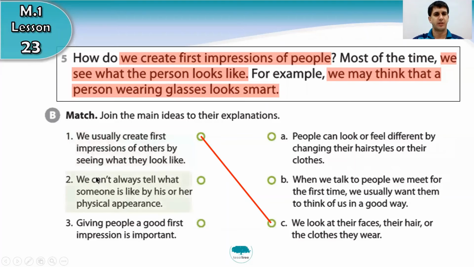Number 2, we can't always tell what someone is like by his or her physical appearance. Now, what do you think? Can't always tell what someone is like by his or her physical appearance. What do you think? A, B, or C?